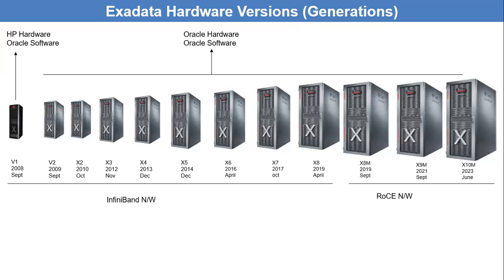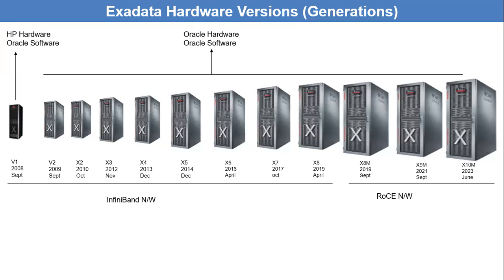Later, in the recent versions, starting with X8M, InfiniBand was replaced with RoCE networking technology, ROCE, pronounced as RoCE. It stands for RDMA over Converged Ethernet. Compared to InfiniBand, RoCE networking technology is even faster.